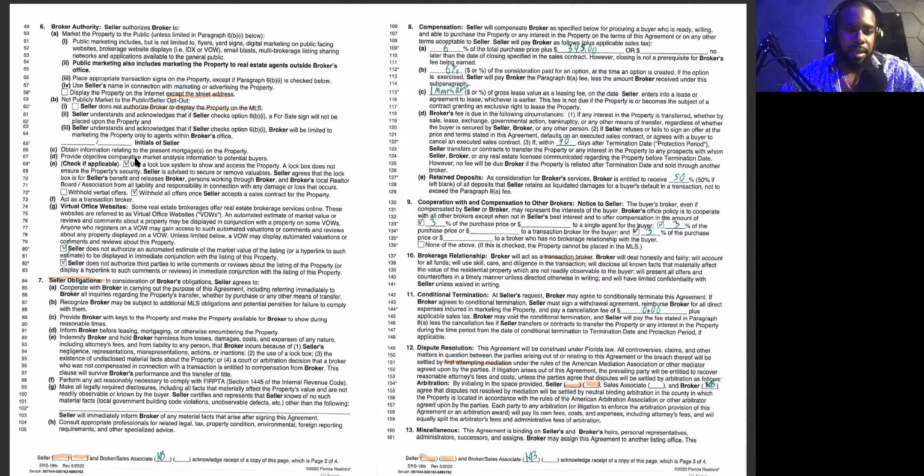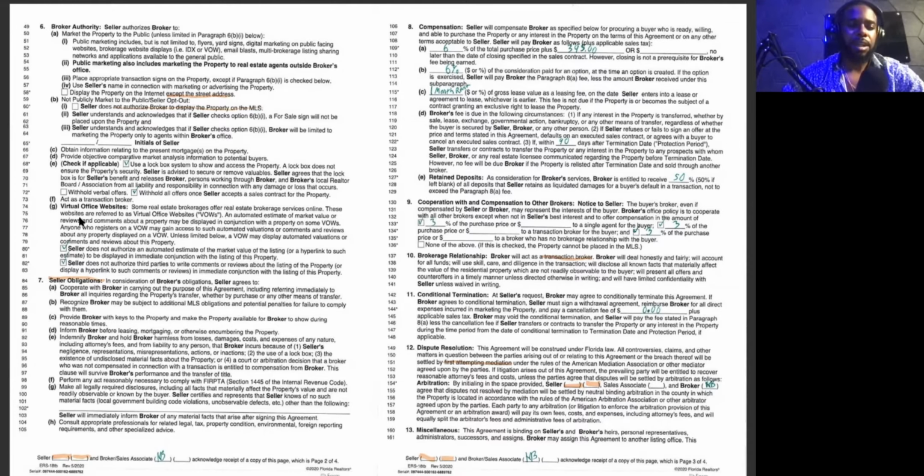All right. I checked this off so it's clear that I'm going to use a lockbox on the property to show it. It also explains to them that if something happens to this lockbox, it's not my responsibility, nor any of my agents, nor any member of the Miami Board of Realtors. I know that I'm the one that put it on here, and I'm doing every precaution to protect this property.